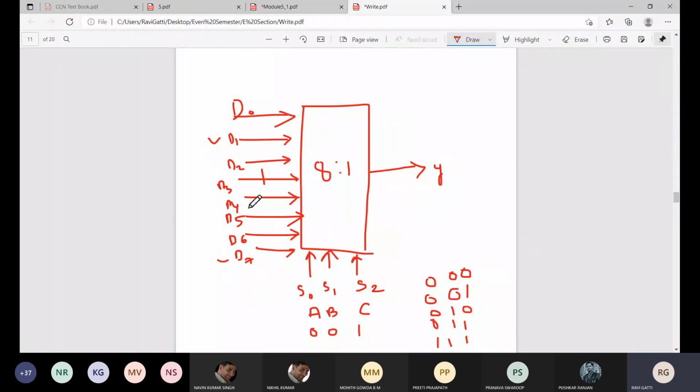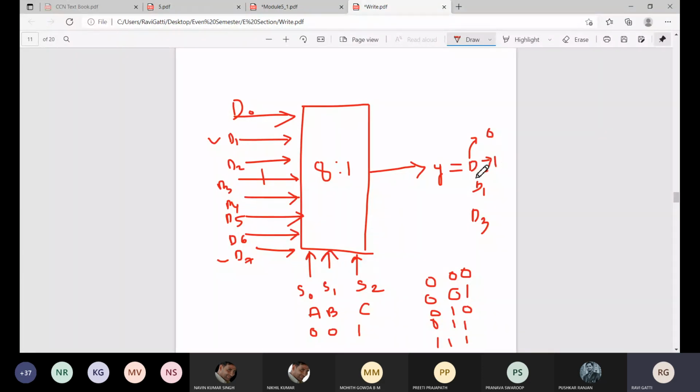And you should not be confused. D0 may be any value, it may be 0 or 1, but we are making sure that your output will be the corresponding input. We are not specifying whether it is 0 or 1. We are saying the output will be D0, or D1, or D3. We don't know that value.